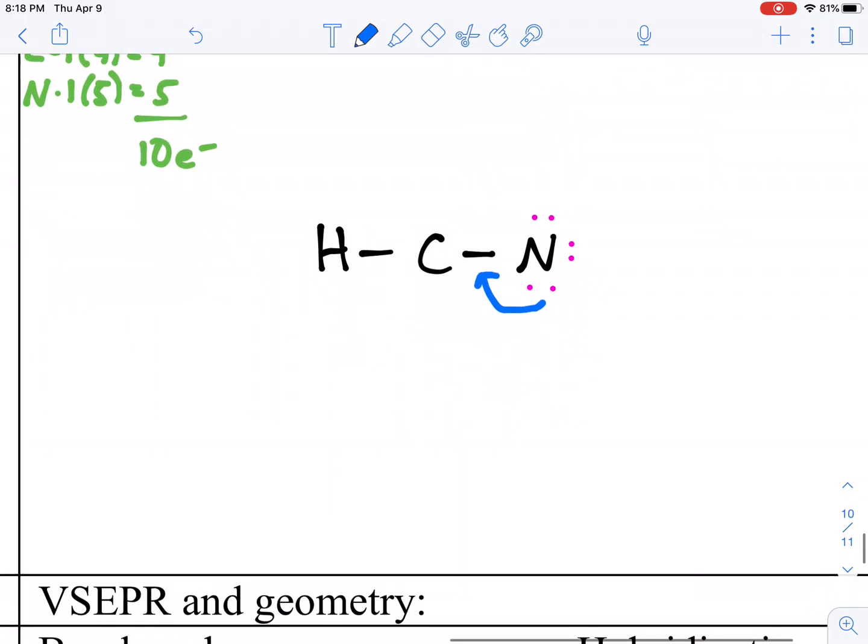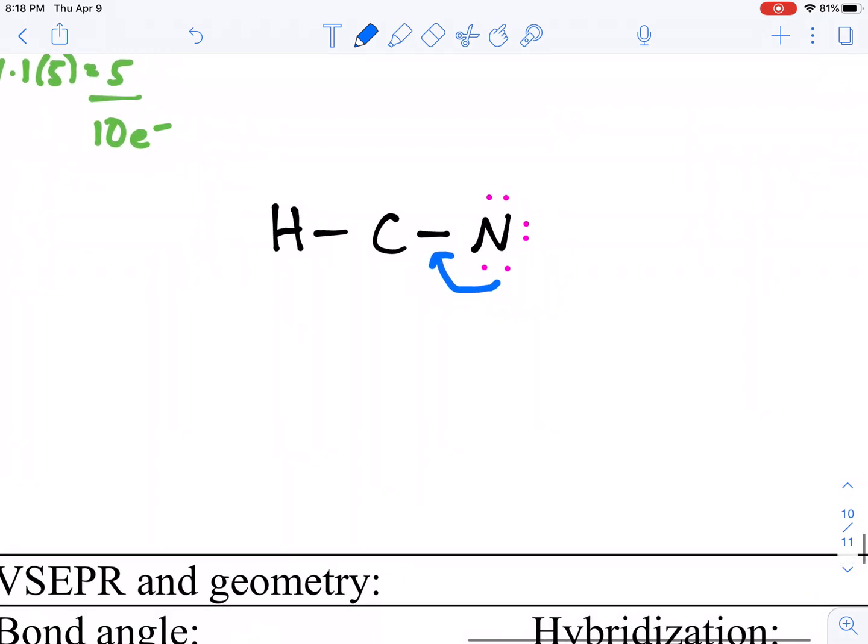Let's see where we go from there. If we do that, we get HC, now a double bond to N. If we count up valence electrons, we have 2 here, 2, 4, 6, 8 there, and now carbon has 2, 4, 6. So we're getting better.